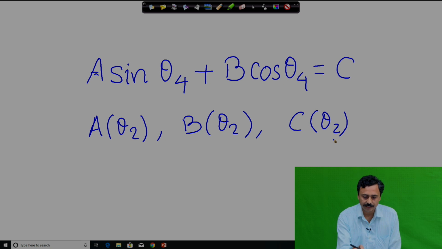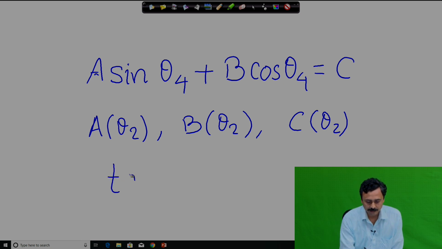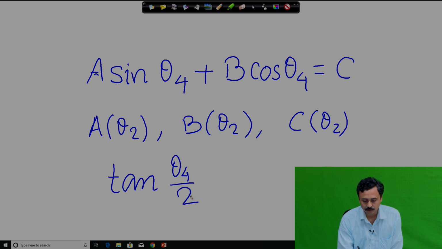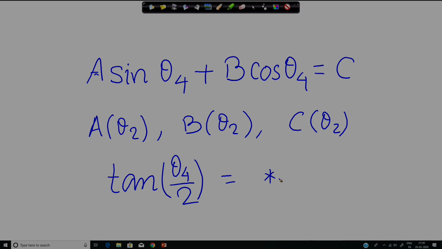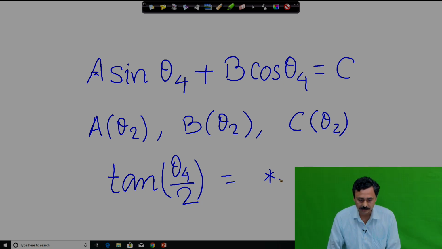The question is, when we solve for theta 4, if you remember we have discussed this, we get solutions of the form tan theta 4 by 2 is equal to something, and from here we typically get two solutions. In more complicated mechanisms we can get more solutions, as you have already seen in these lectures.